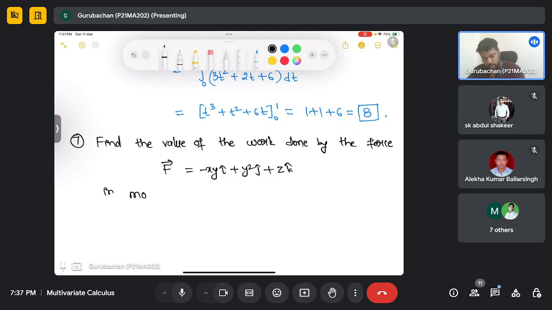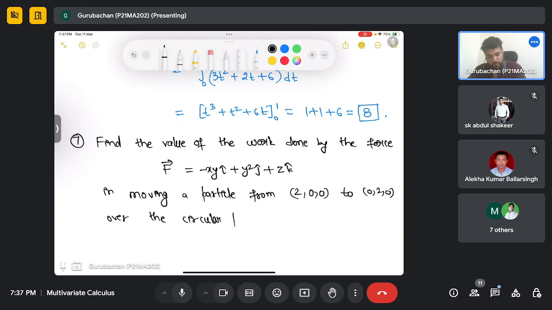in moving a particle from 2, 0, 0 to 0, 2, 0 over the circular path x square plus y square is equal to 4, comma z equal to 0.